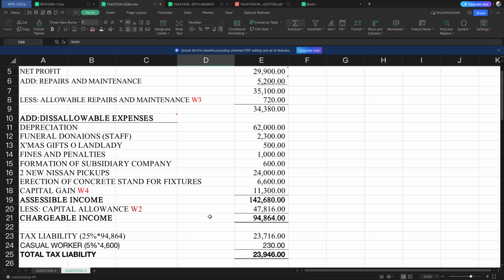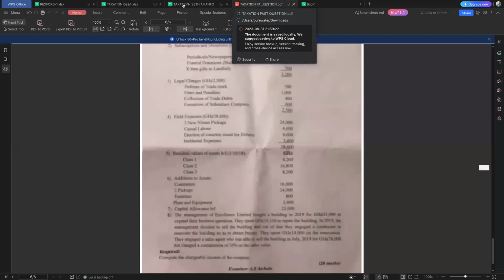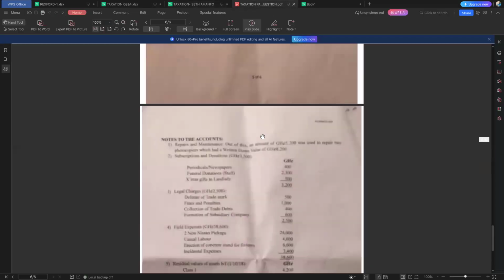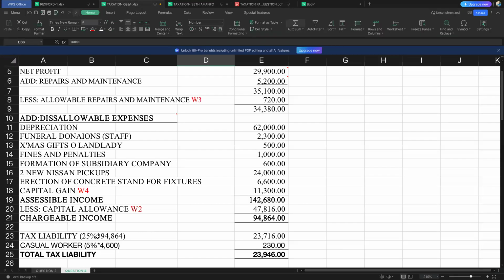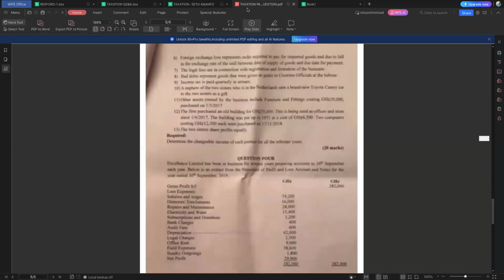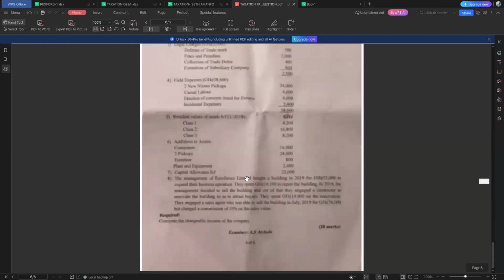Now let's ask ourselves, how much tax are we supposed to charge? With that one, you ask yourself, where was the building or the business located? We weren't told whether it was in Accra or elsewhere, but we all know that when charging your tax liability, it is 25%. I'm not sure we were told where it was, so we use 25%.